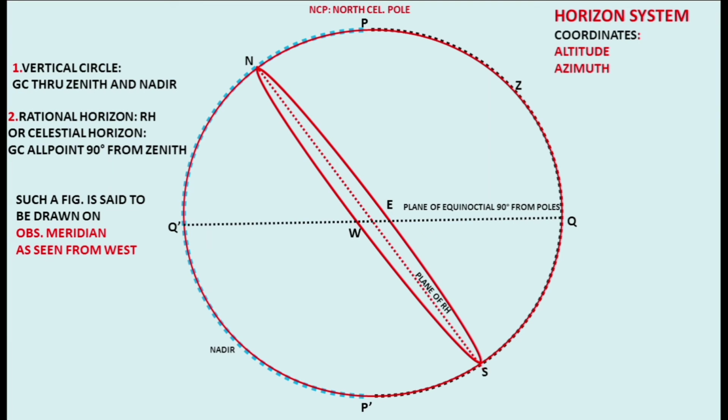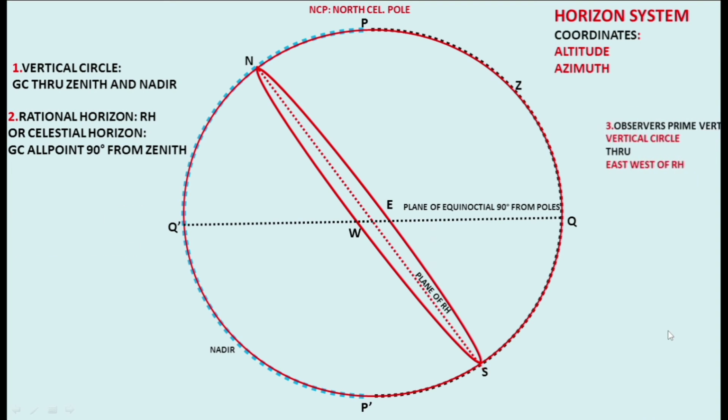So the coordinates in the horizon system are altitude and azimuth. Observer's prime vertical: a vertical circle which passes through east and west of the rational horizon is your prime vertical.